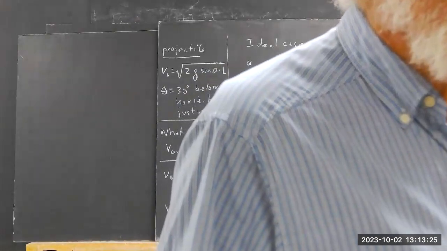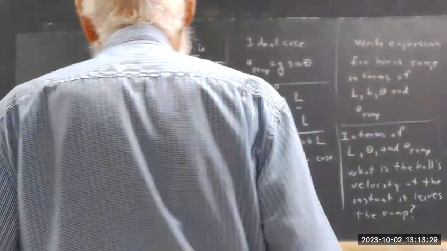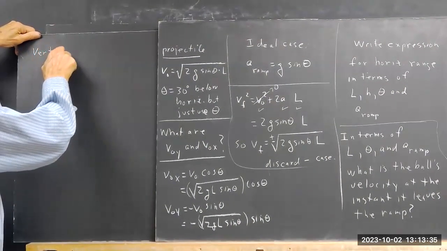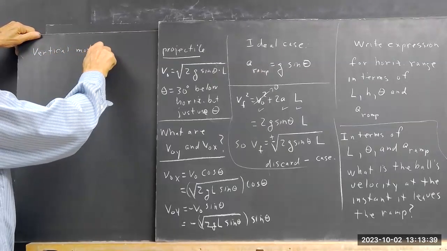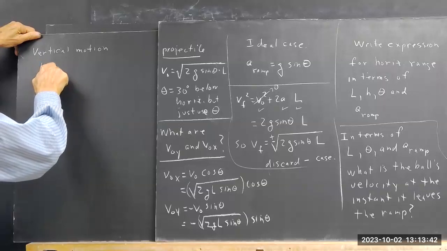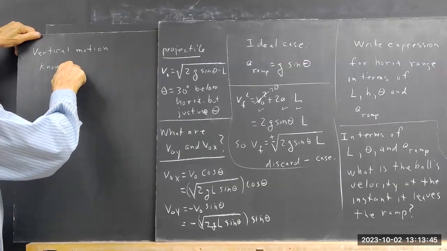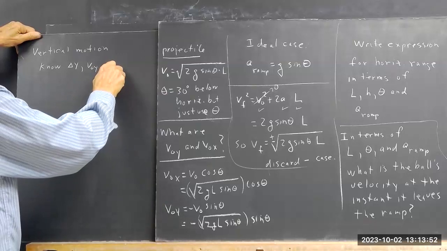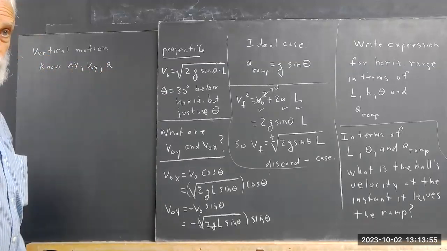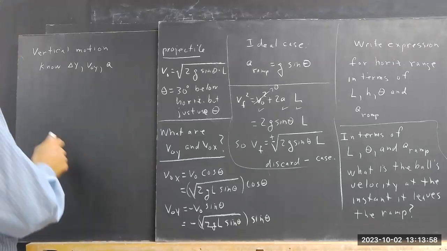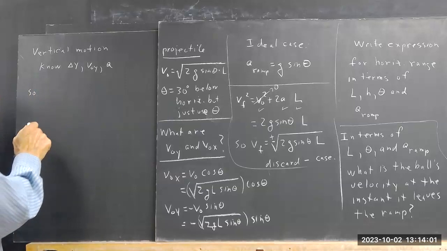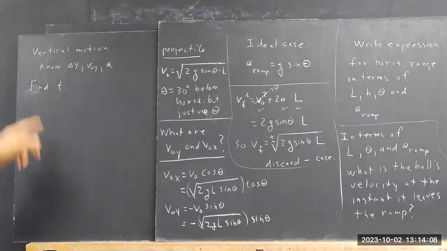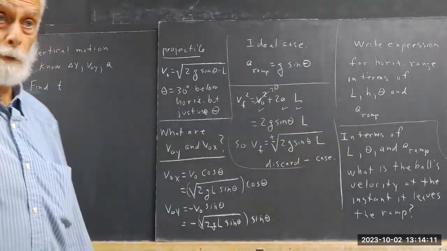That'll tell you the time to fall. You know your delta y, your v naught y, and your acceleration is just negative g, right? You find t, and then just multiply v naught x by t, and you find out your horizontal range.